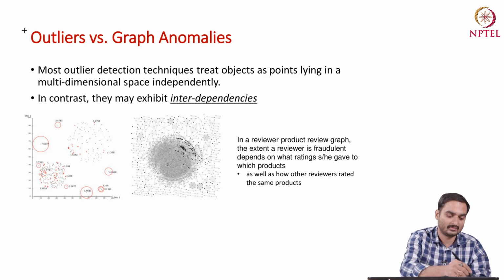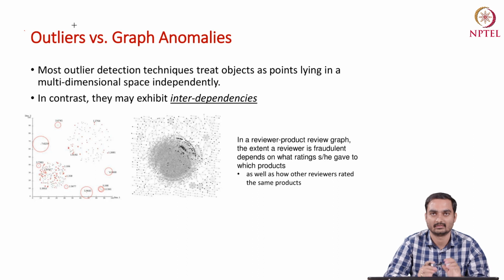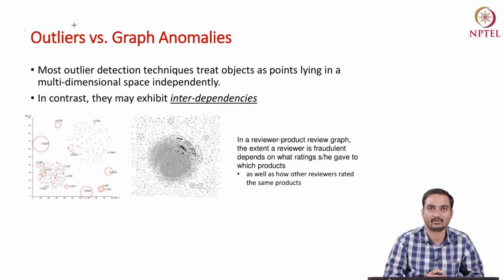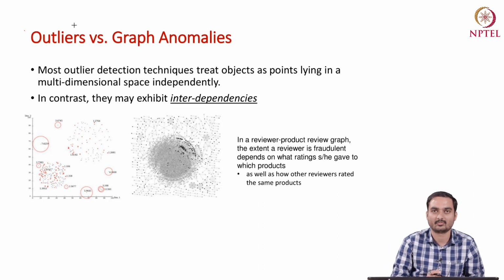This is basically outlier detection in the context of data mining. But here we will mostly talk about graph centric anomaly detection. Now why is graph centric detection useful? Why is a graph useful in the case of anomaly detection? The reason is as follows.